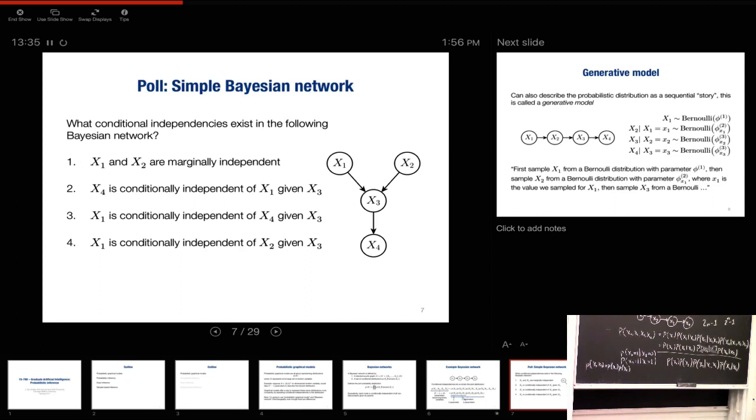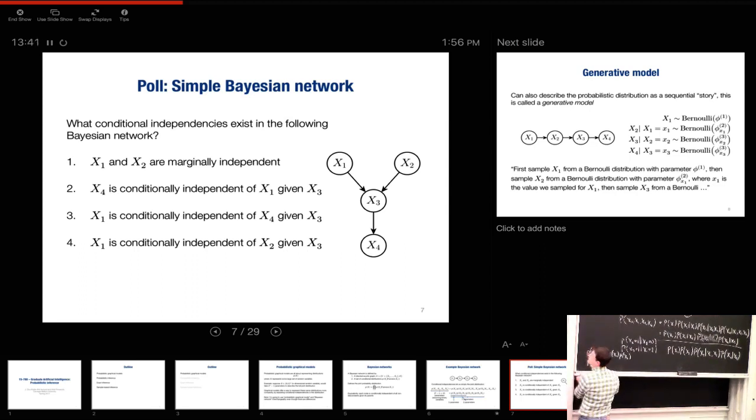That would mean, for example in number 2, is the probability of x4 given x1 and x3 equal to the probability of just x4 given x3? So that's the semantics of that there. Okay, so let's open the poll, and you can think about these 4 questions.